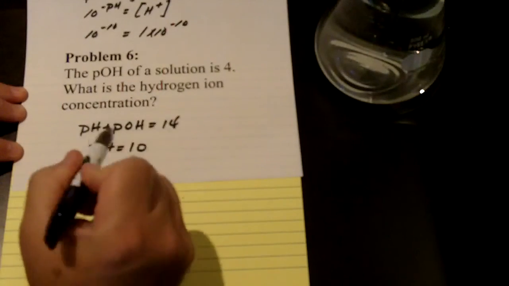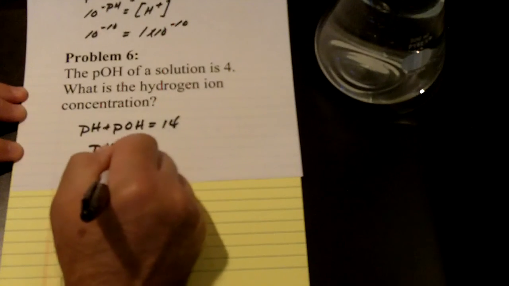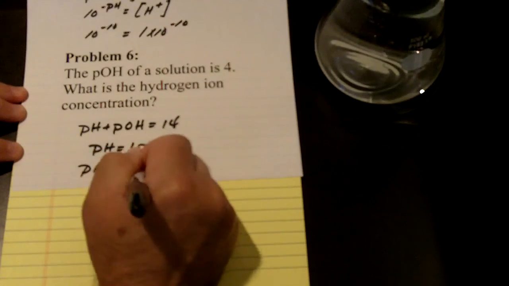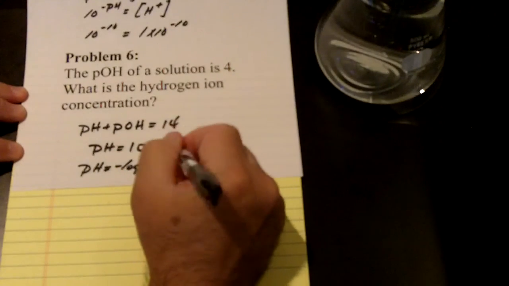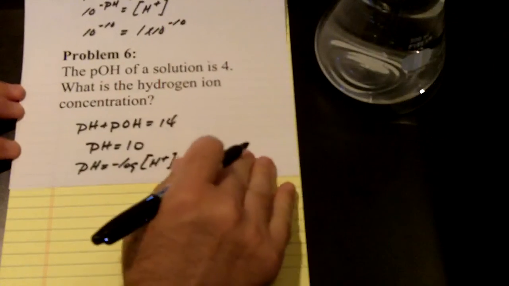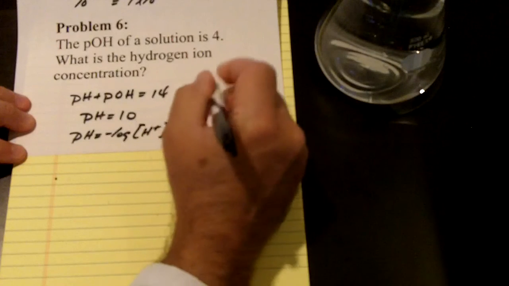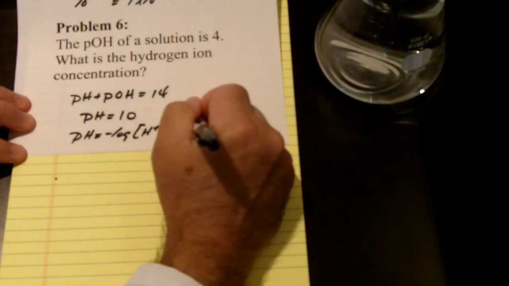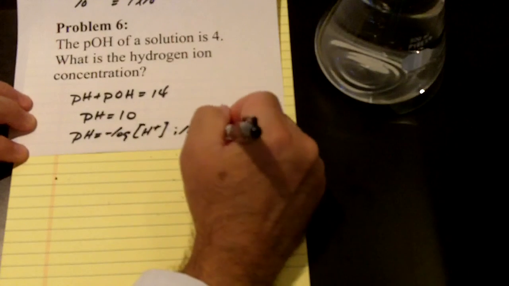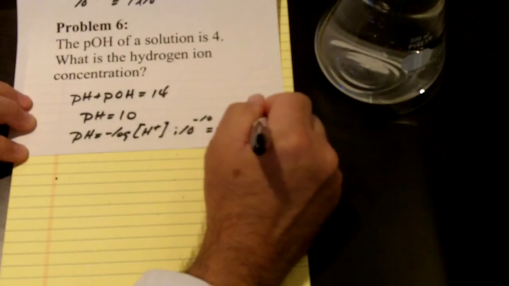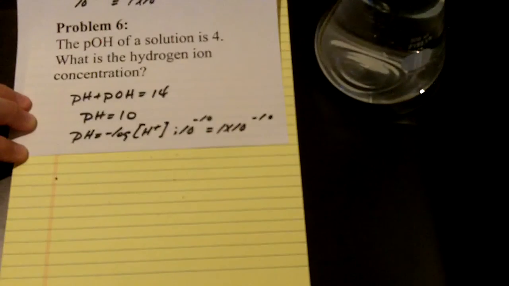So if I want to know the hydrogen ion concentration, all I have to do is say pH is equal to minus the log of the hydrogen ion concentration, and therefore when I exponentiate, I get 10 to the negative 10, which is 1 times 10 to the negative 10. It becomes the same problem as the one that preceded it.